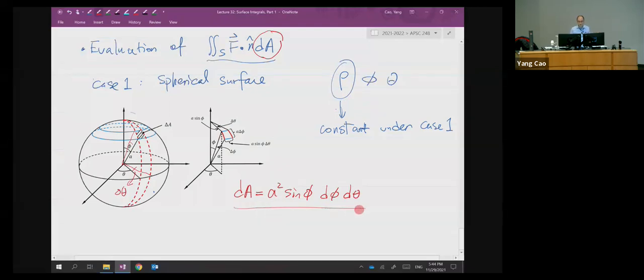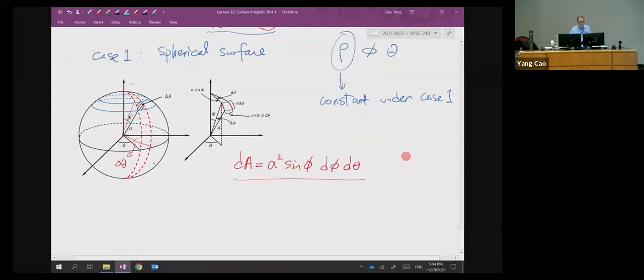When you look at this dA, if you jog your mind, under spherical coordinates, what is the expression for dV? Rho squared sine phi d rho d phi d theta. That's the expression for dV for a triple integral under spherical coordinates.